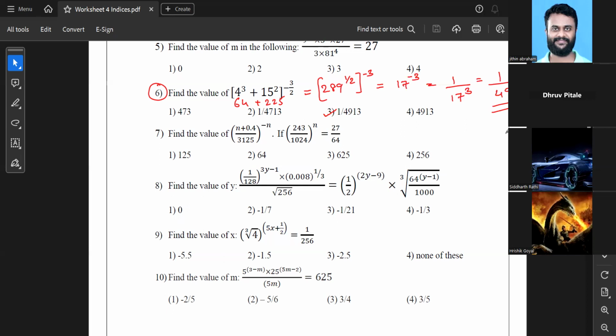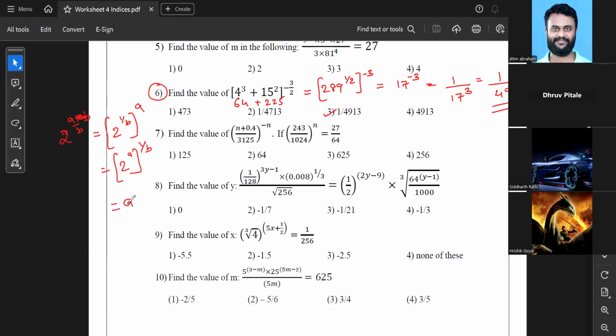Sir, how did you take 1 upon 2 inside the bracket? In the previous class I had explained, for example, 2 is a number, and above it you have two powers, one power is A and another power is B. Either you can write it as A upon B, so either you take 1 by B inside and then write A, or take A inside and then write 1 by B. Either way is fine.